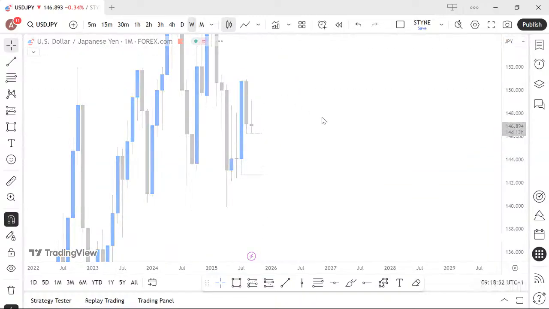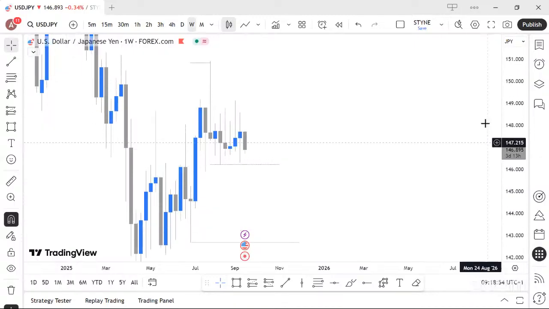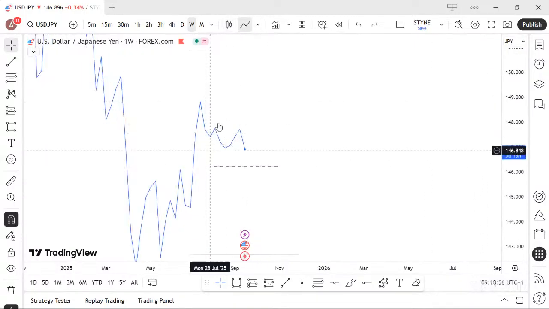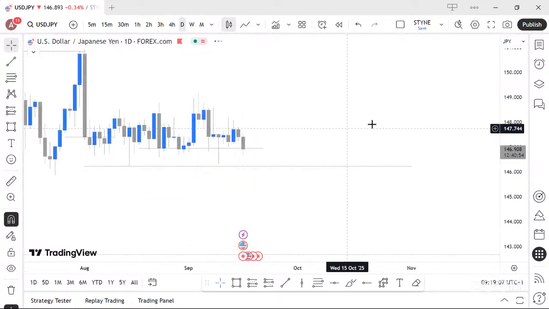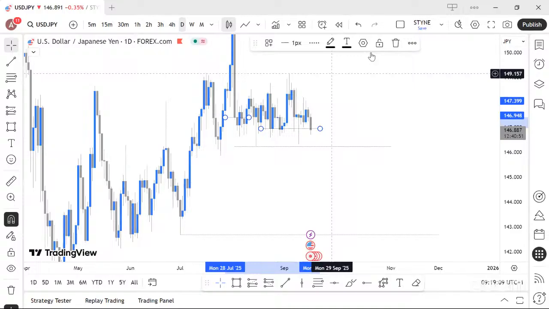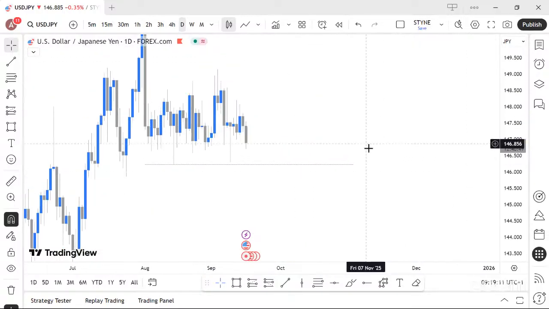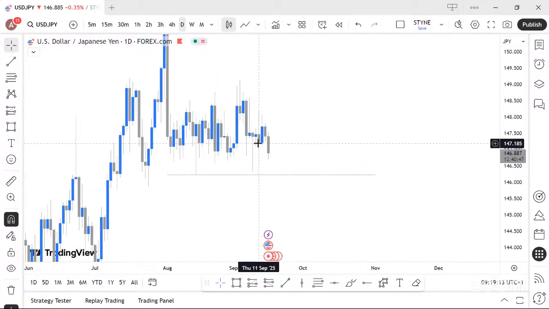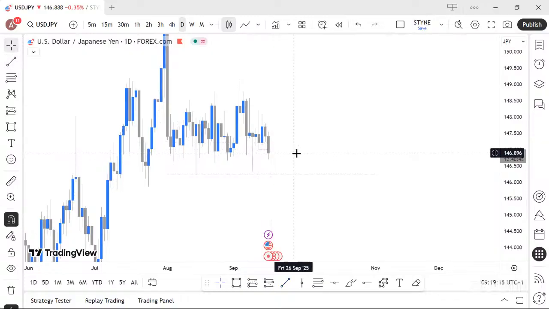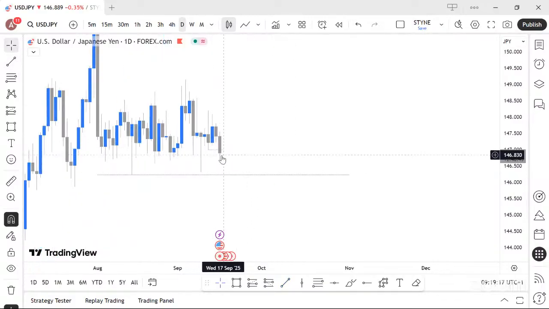So on the weekly, we notice that price has been creating expansions to the downside. You can see we had a change of character there. Then we're also currently having another one here. On the daily time frame, it's looking a little bit choppy, but at least we know that after this break of structure here, today has to confirm that it's going to stay like this.